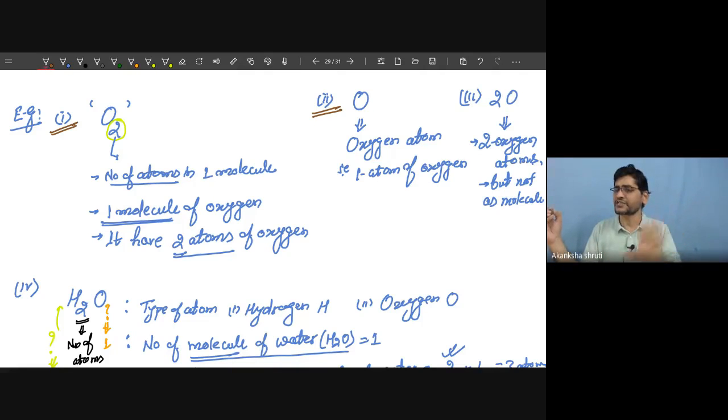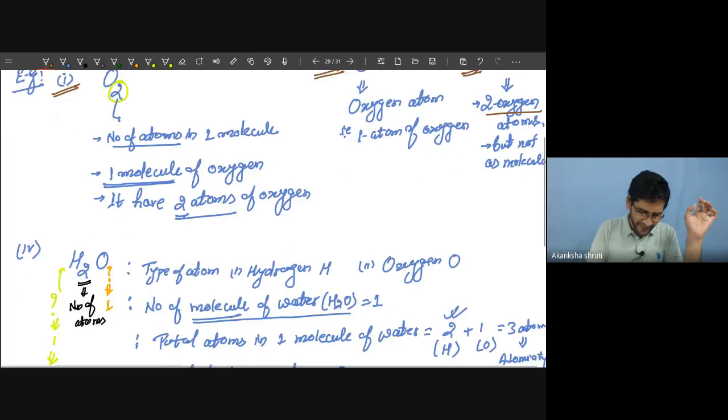It never represents a molecule, because for molecule formation, something in the suffix or at least more than one atom is required, or different kinds of atoms. Only the noble gases exist as monoatomic, meaning their atoms do not combine to form molecules, so for them atom and molecule mean the same thing. If it is written as 2O, it represents 2 oxygen atoms, but it doesn't represent a molecule.